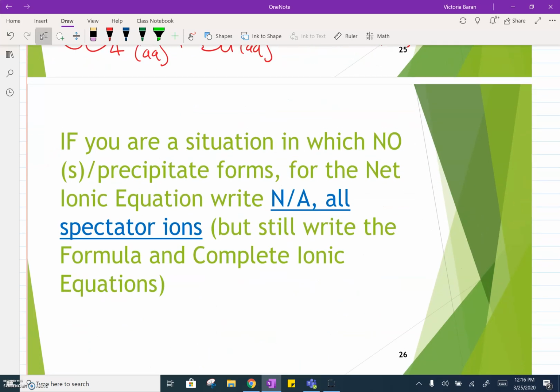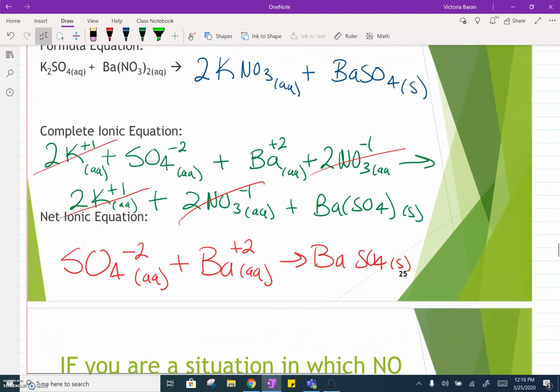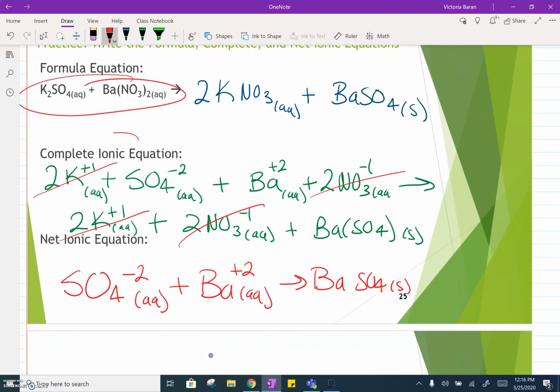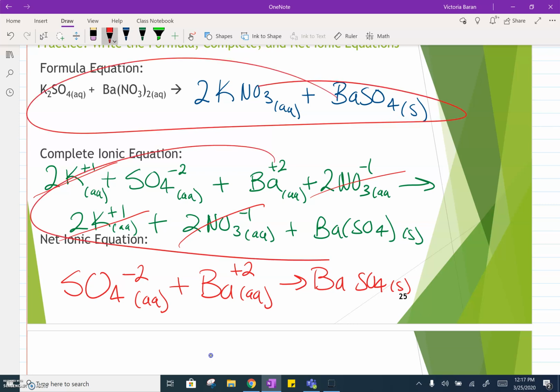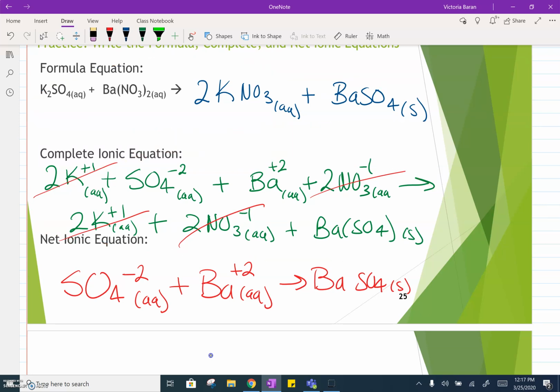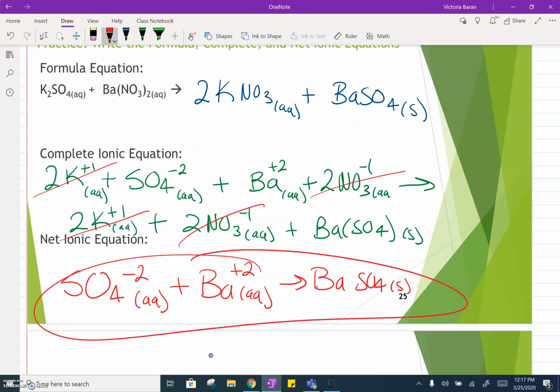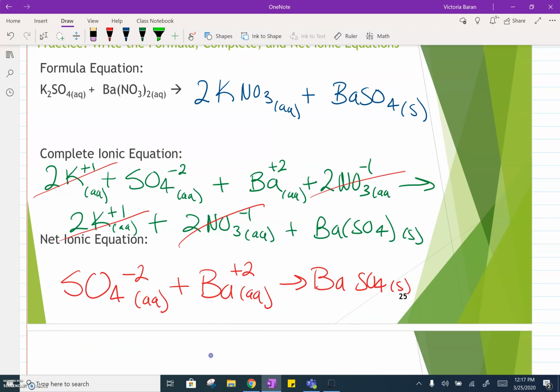So technically you wouldn't have to do the last step. You would only have to do these two, okay, if everything was aqueous, okay? So imagine if that one hypothetically was aqueous, you would only do this part and this part. You wouldn't have to show any crossing out because you wouldn't have any net ionic equation. No reaction happened. You didn't get a solid precipitate form.